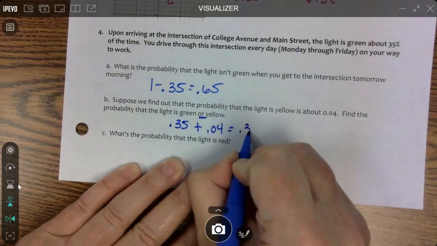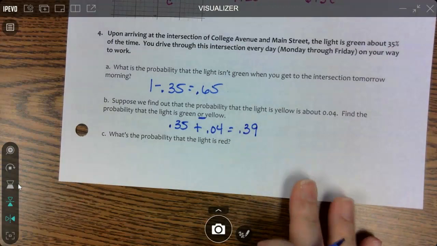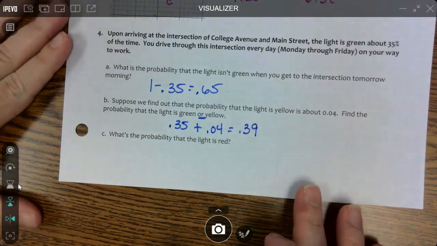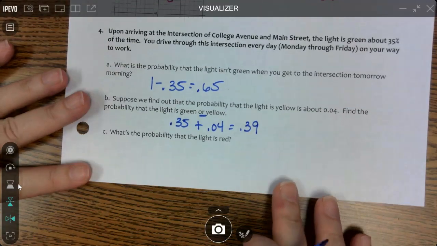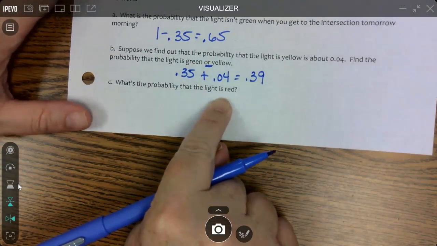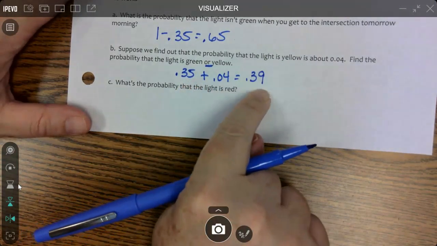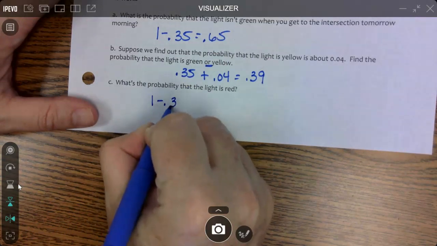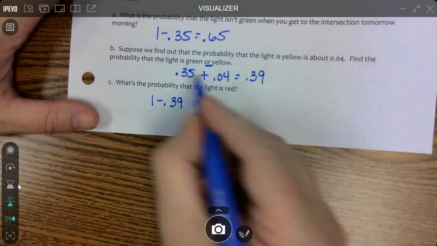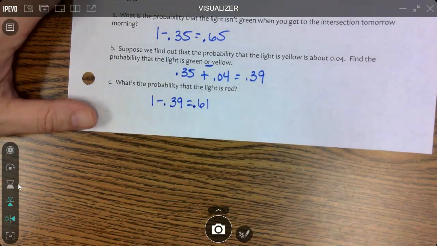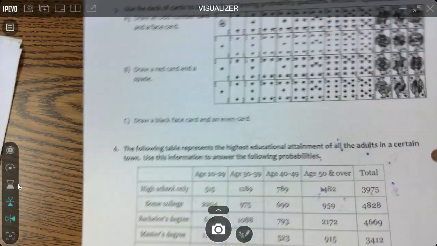So 0.39, so 39% of the time, the light would either be green or yellow. So then what's the probability that the light is red? So if it's green or yellow, 0.39, then it has to be red, the other. So you'll subtract, and we get 0.61. Okay? Cool.